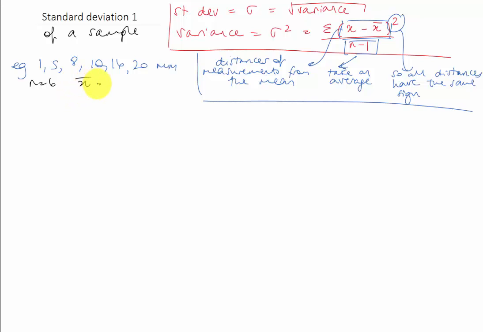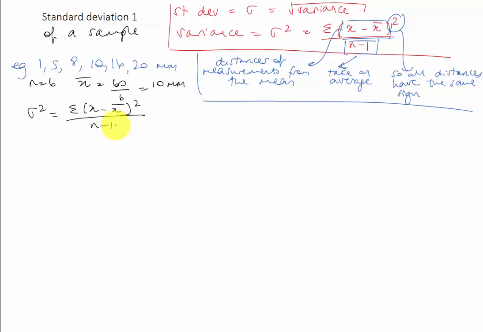And the mean is, we add those all up, we get 60 divided by 6. So that's 10 millimeters. Alright, so now let's work out the standard deviation. First of all, I'm going to work out the variance. So that is equal to the sum of (x minus the mean) squared all over n minus 1.